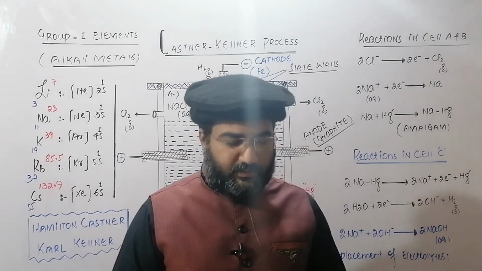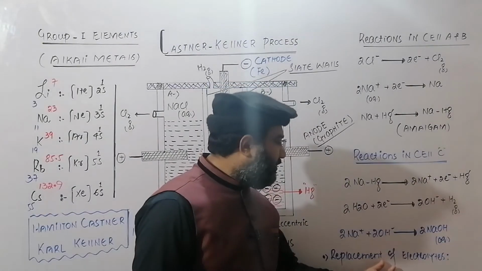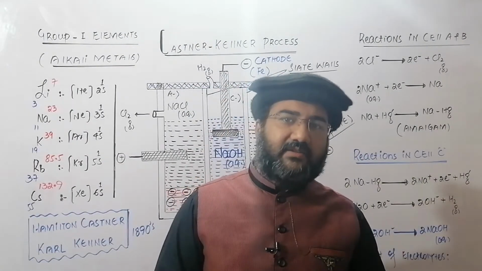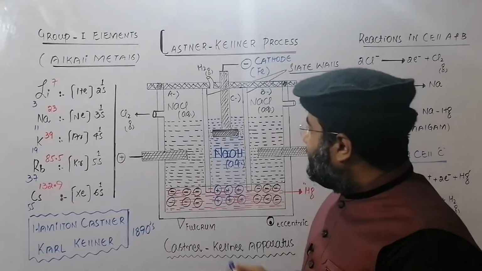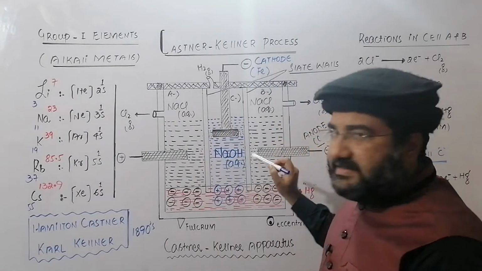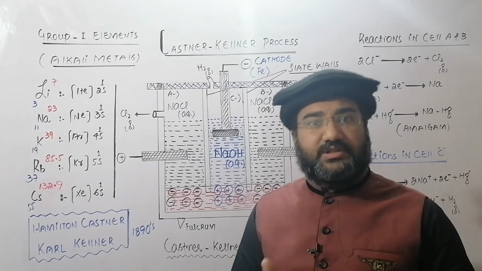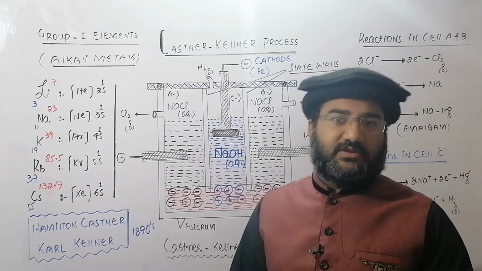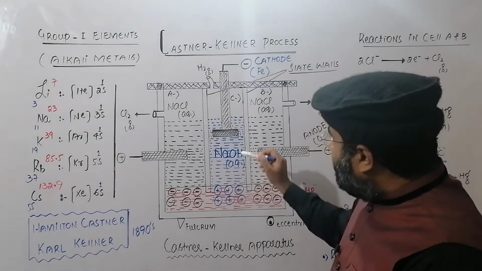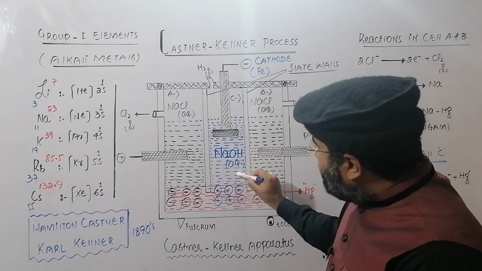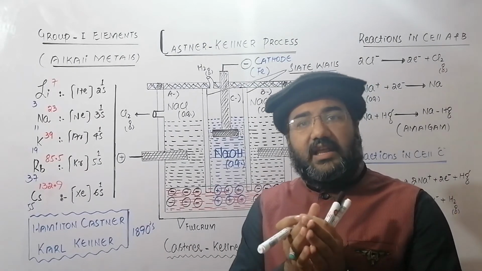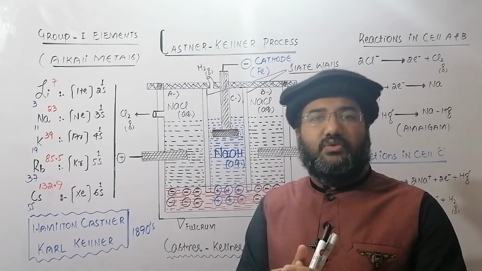A very important point is the replacement of electrolytes. Once the process gets completed, we replace the NaCl electrolyte, because the NaCl is used up and requires replacement with a new aqueous solution of sodium chloride. And in the central cell, as I told you earlier in my lecture, a dilute aqueous solution of NaOH is used as electrolyte.